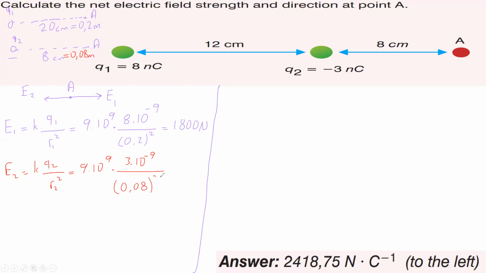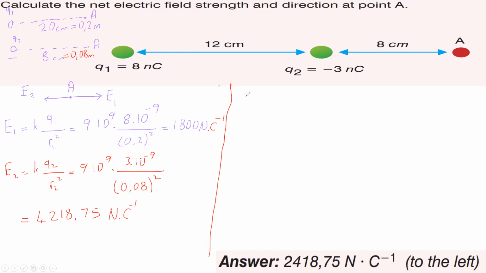So this is our E2. When you calculate it, you are getting 4,218.75. But we wrote the wrong unit. What was the unit of electric field? We wrote the unit of force by mistake. Let's fix it. The unit of electric field is N times C to the power of negative 1. So we can write Newton times Coulomb to the power of negative 1. So this is our E1 and E2.